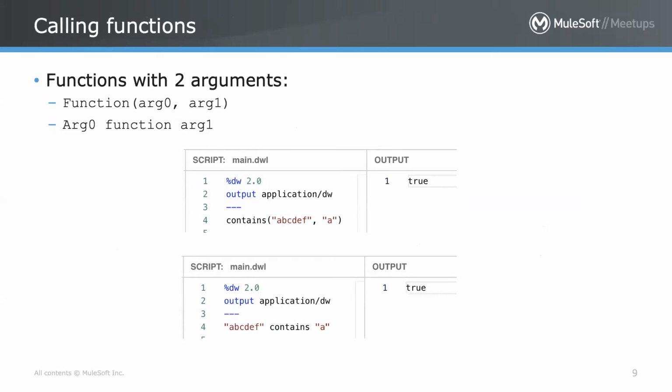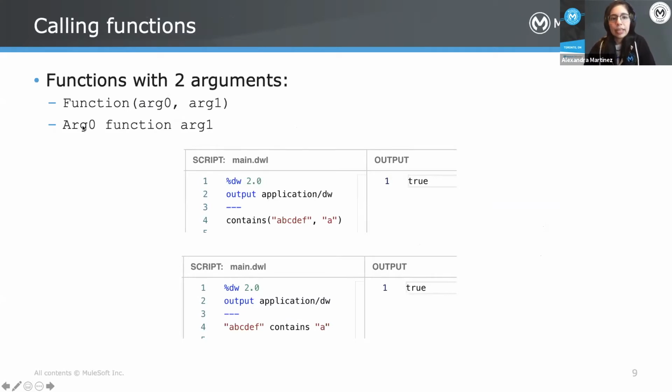And then you can call functions with 2 arguments in these 2 ways. Again, you may already know this. In case you didn't, you can call it with the name of the function and then parentheses, and then write the first argument and second argument inside.